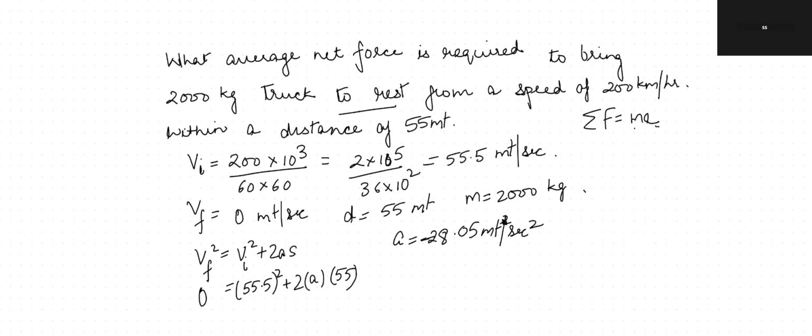So F here is equal to ma, which is 2000 kg times negative 28.05. So this is equal to negative 56,100 newtons.